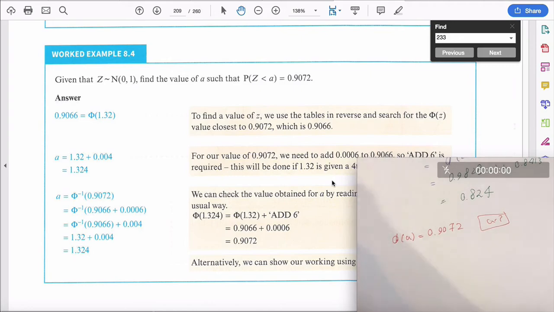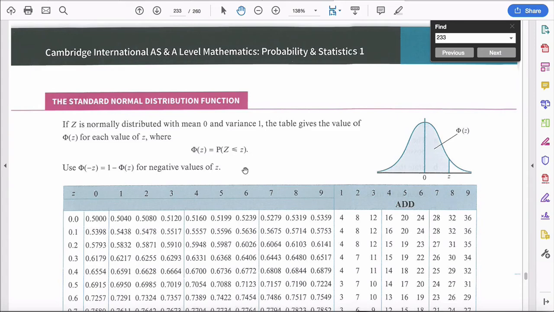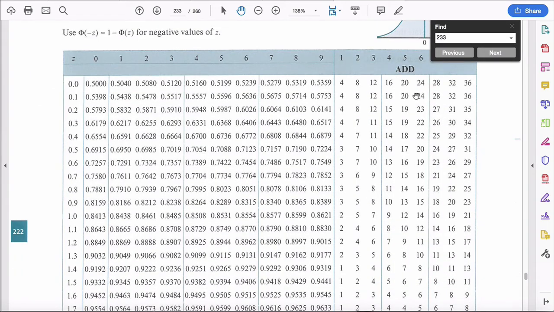Now, I go to the table. So probability is given, and you are supposed to find the corresponding number. Probabilities are given inside the table. These emerging numbers on the sides are boundaries.